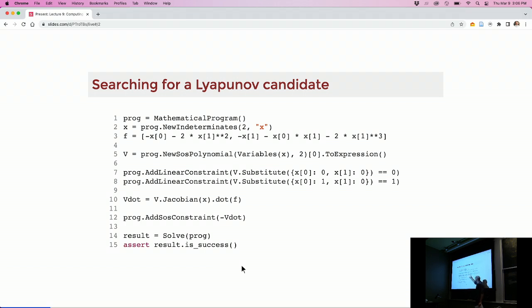I say v, where x is substituted at 0, 0, should equal 0. V, where x is substituted at 1, 0, should equal 1, just to set the scaling. And then the other one is the same as before. If you solve and succeed, then the decision variables, which are inside V, are the Lyapunov certificate.